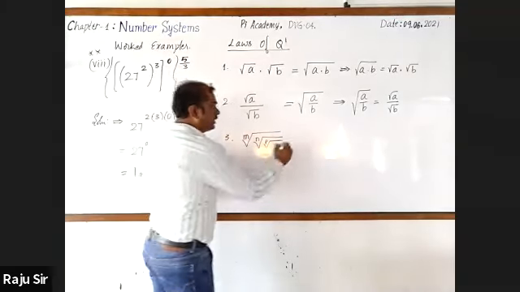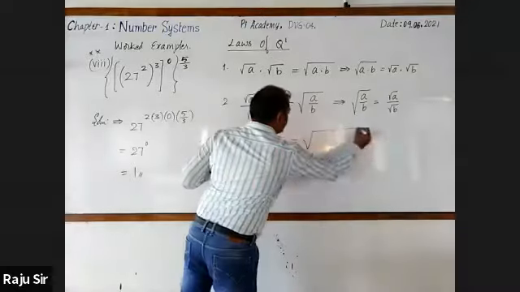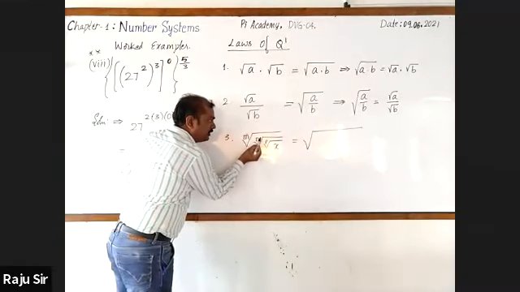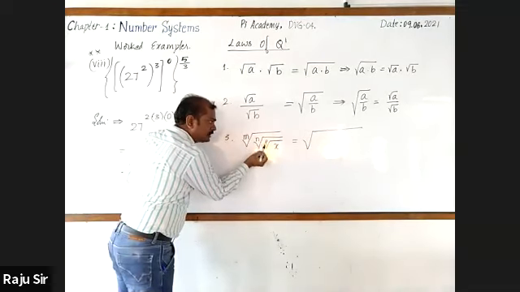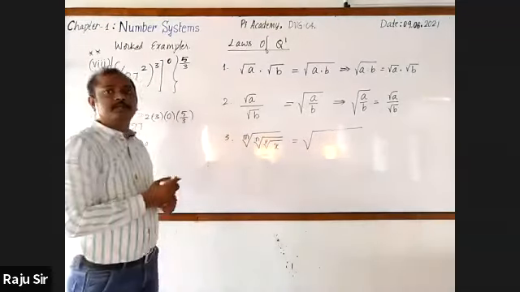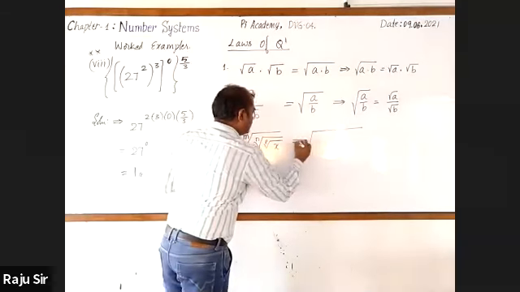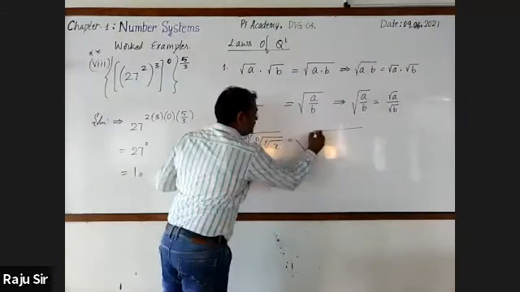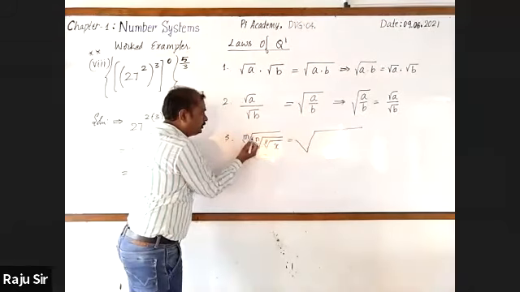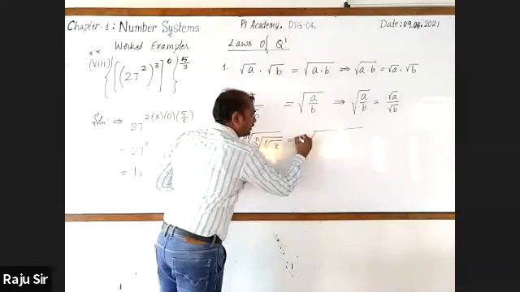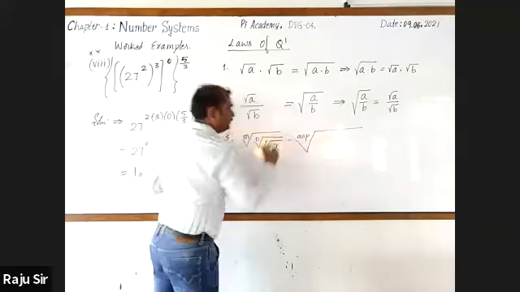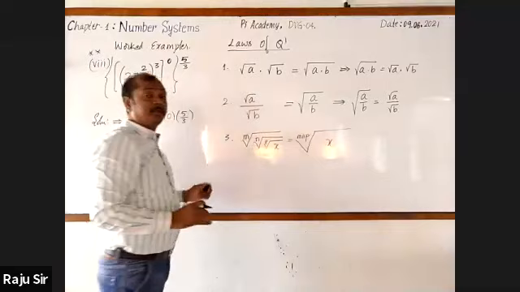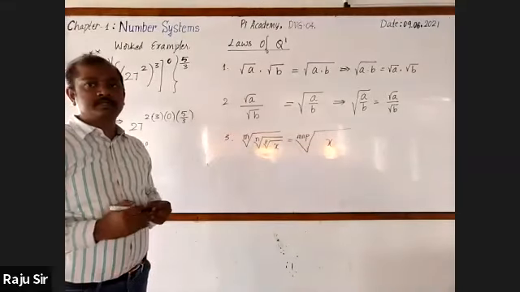This can be written as, observe the order: here is m, here is n, here is p. Then you multiply them, that is m into n into p. The m n p-th root of x.